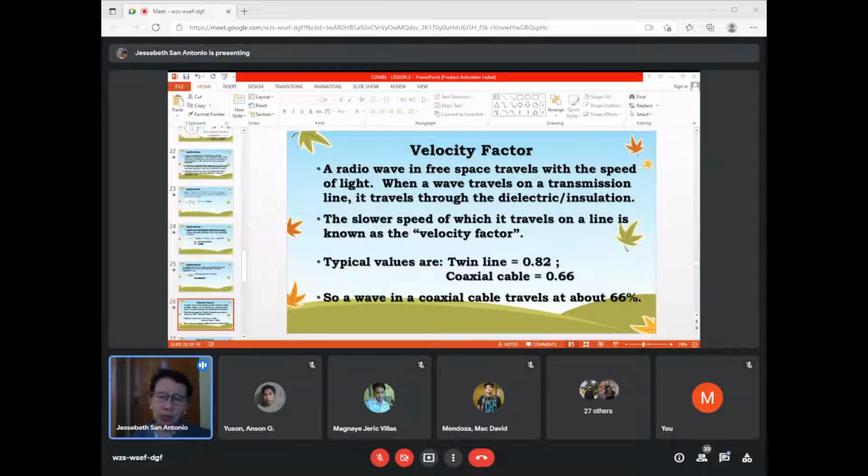Typically, the values are 0.82. That means 82% of the velocity of light. In coaxial cable, it's slower, only 0.66 or 66% of the velocity of light. Why? Well, there is so much insulation in coaxial cable, right? There are many layers of insulating material. So, it interferes with the movement of the current. So that's why it's lower, only 66%. Okay? To continue.